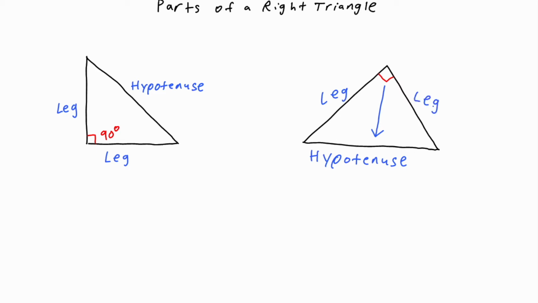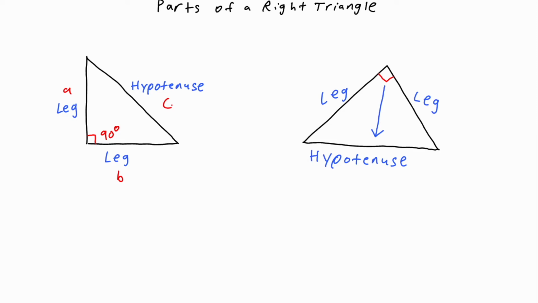And so when we're talking about the Pythagorean theorem, we usually go like this. We say A, B, and C, where A and B are the legs and C is the hypotenuse.